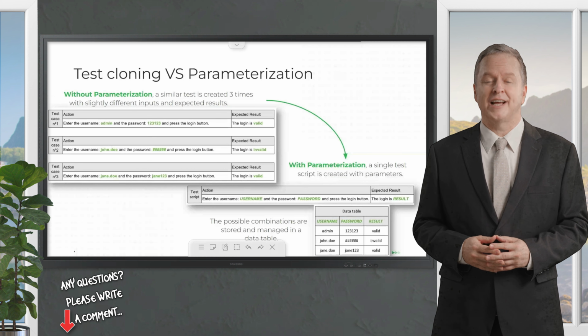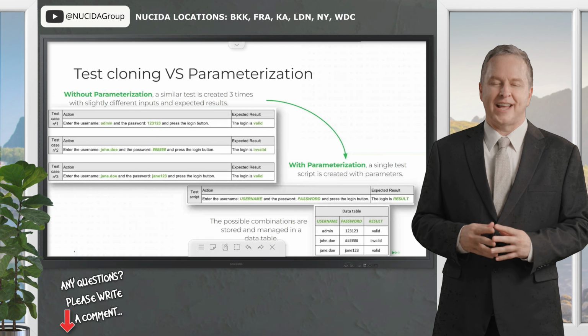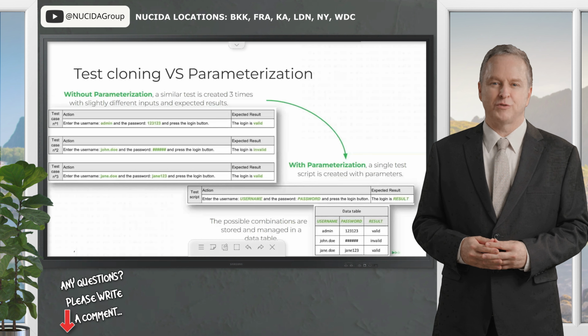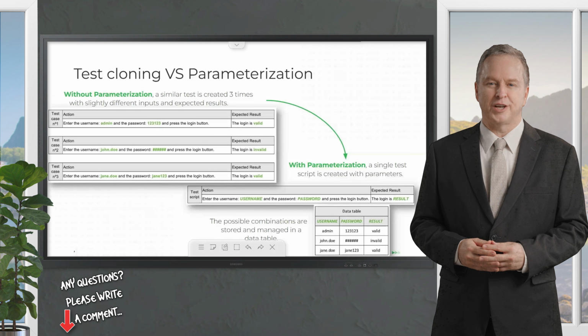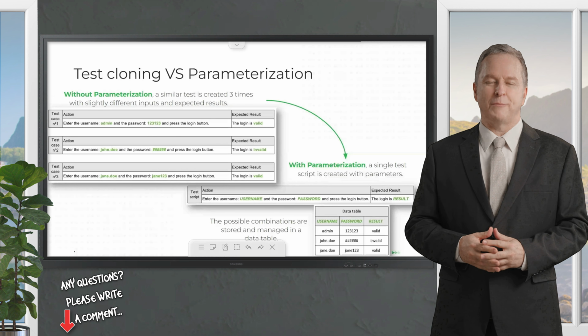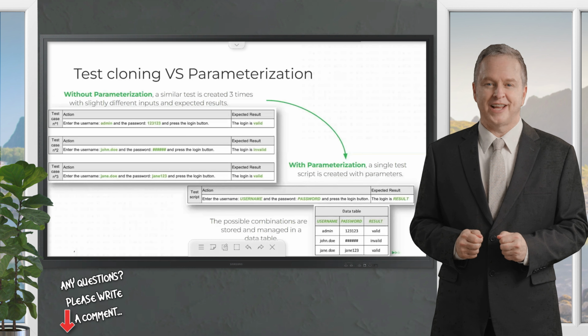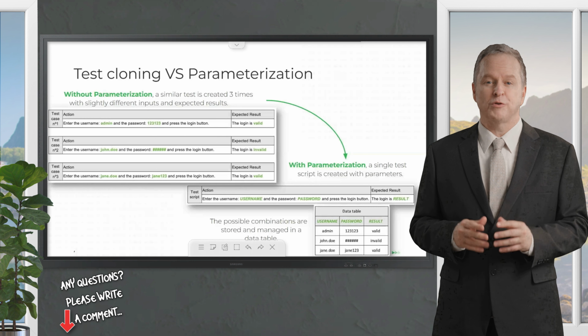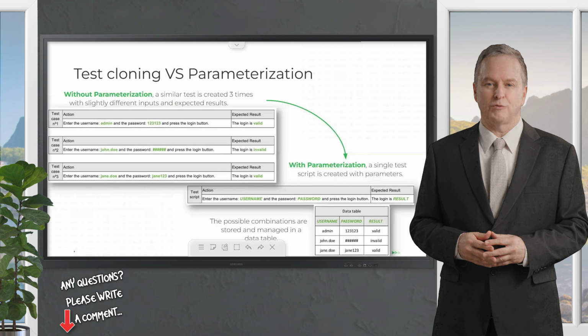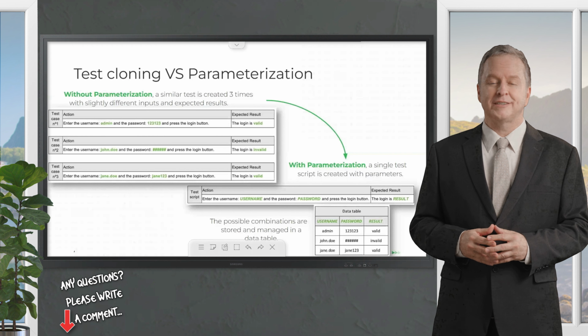Instead, dynamic elements are replaced with parameter syntax, while the combinations are moved to the dataset. The fact that the parameterization approach allows you to separate scripts from underlying data unlocks more efficiency, accuracy, and scalability. You don't need to replicate the script changes from test to test. You can more easily add or remove scenarios at the dataset level, and all that lowers the chances of outdated or erroneous tests being executed.